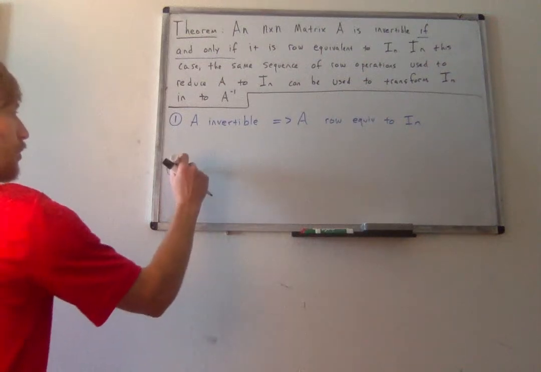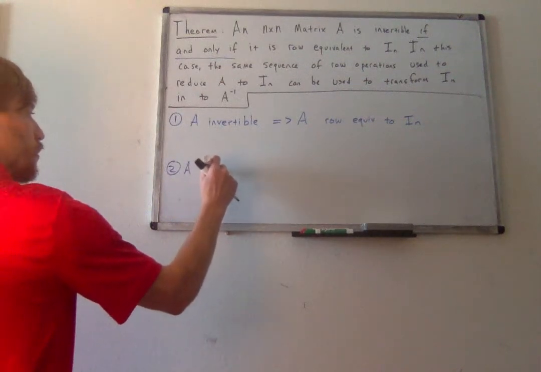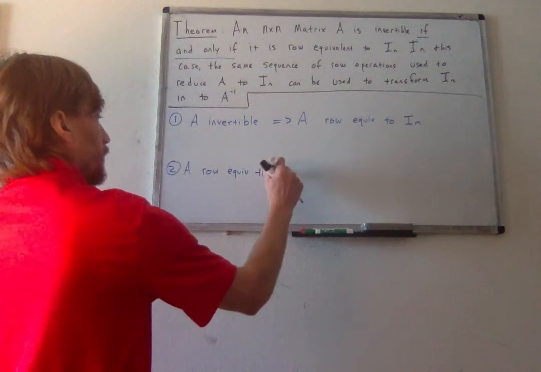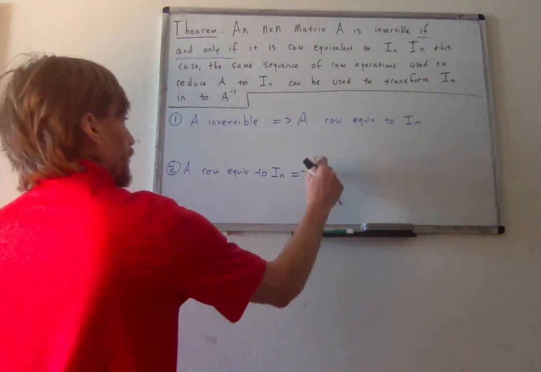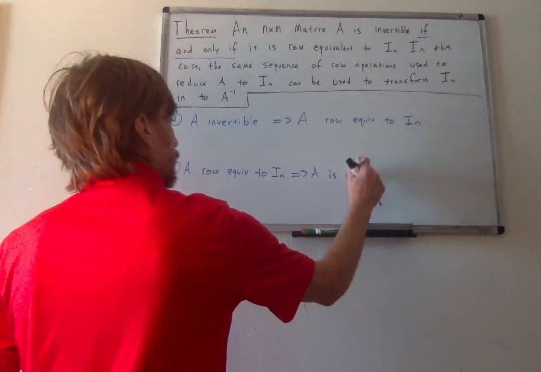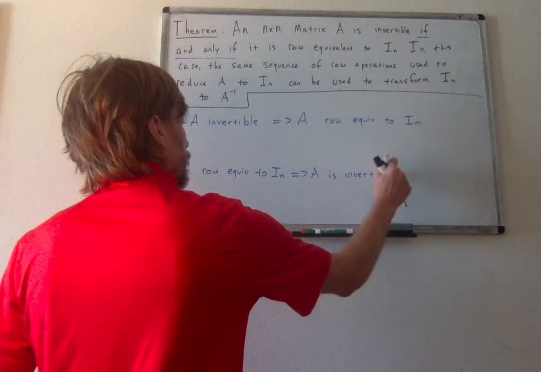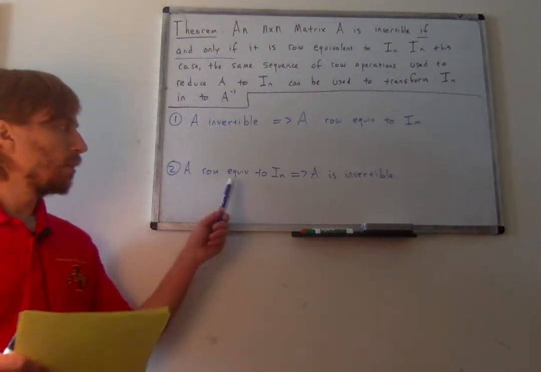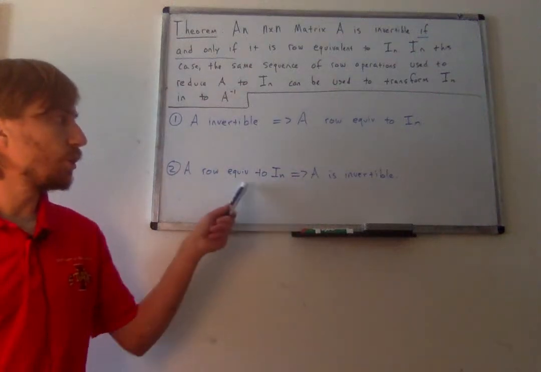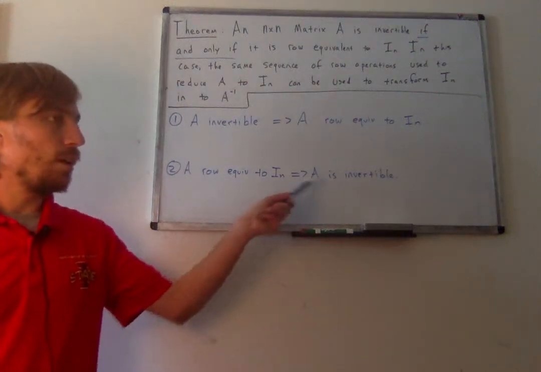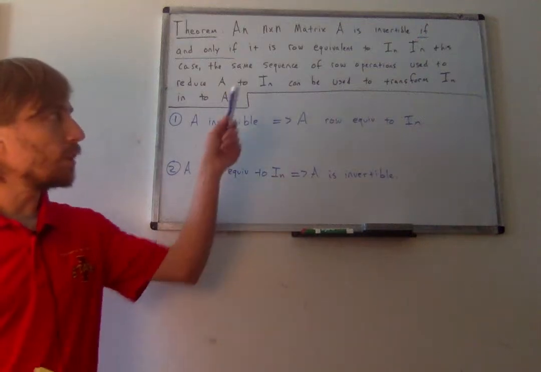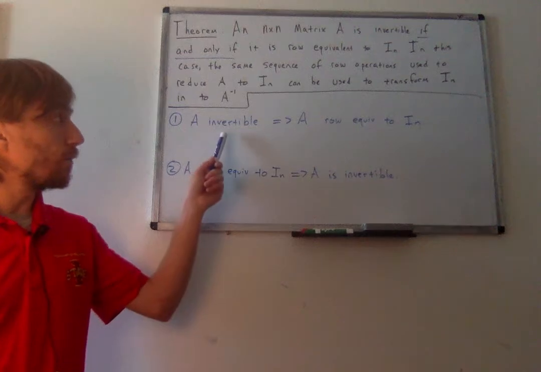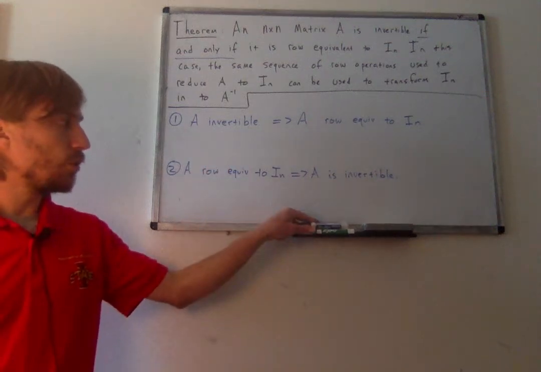The other thing we have to show is that A row equivalent to the identity implies that A is invertible. This will be the more interesting one, and it'll give us the reason that we have this nice algorithm for calculating A inverse. So I'm first going to show 1, and then we'll come back and show 2.